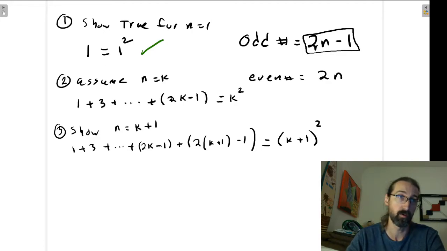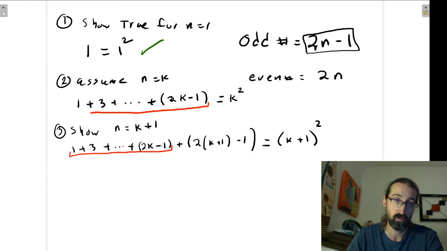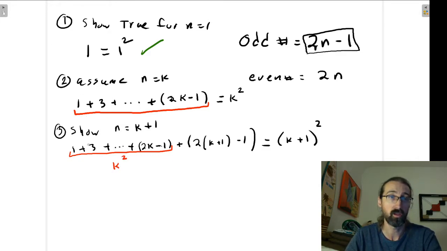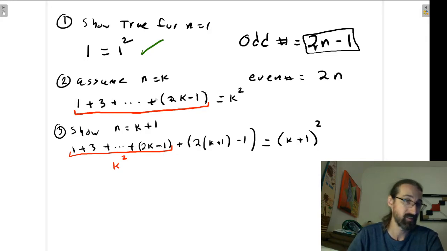And there's a couple important pieces of this. Here, all of this is all of this. We used that before. And that is just k squared, right? So we're going to use step 2 in step 3.